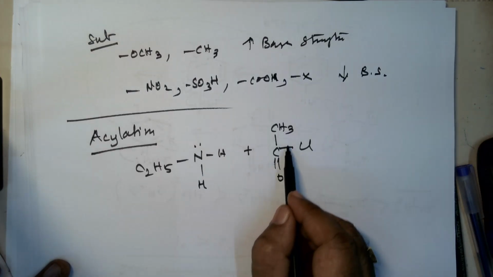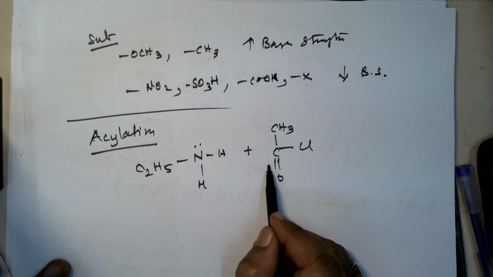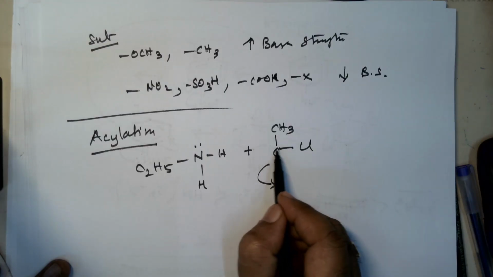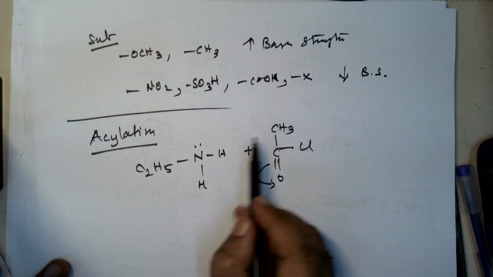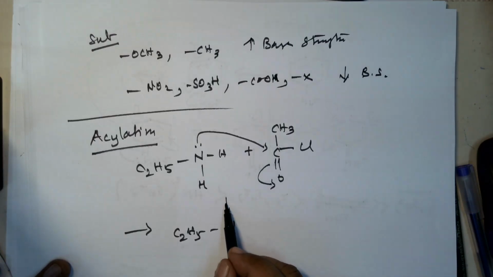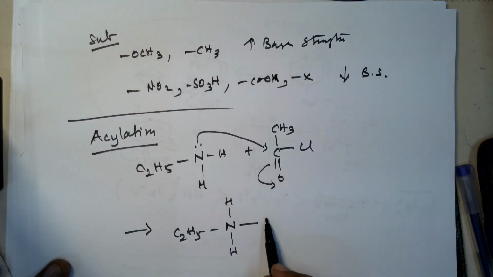Now, you know very well in a carbonyl compound there is a pi electron transfer towards oxygen. So there is a tendency for the carbon to become plus, a carbonium ion, and a pair of electrons will attack here, so that you are able to get C2H5NH, and then you put H here and connect it to C, and then this is O, and here an electron is transferred.